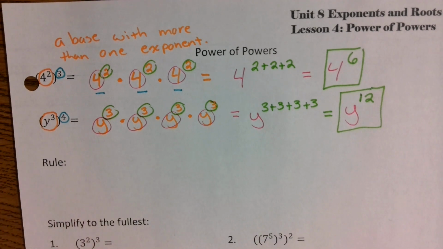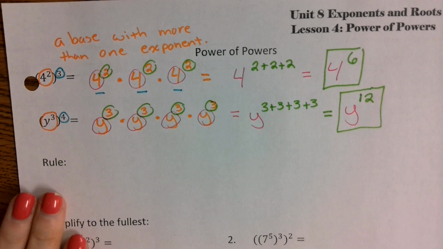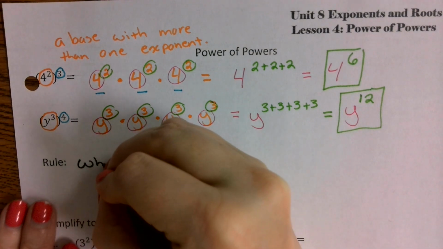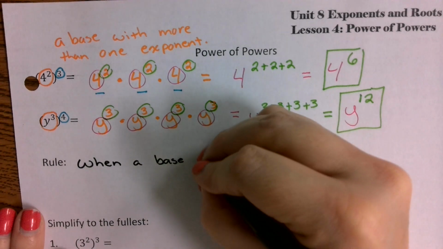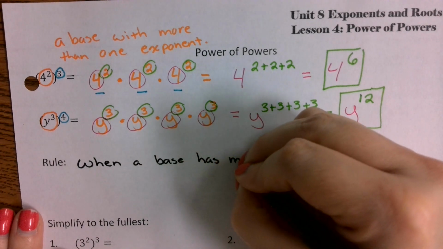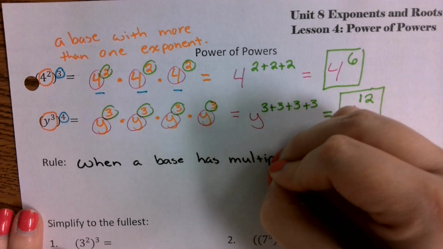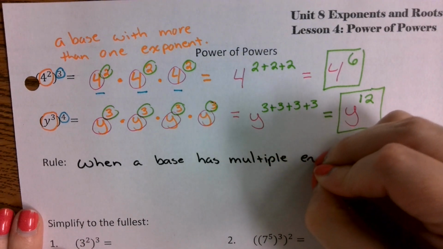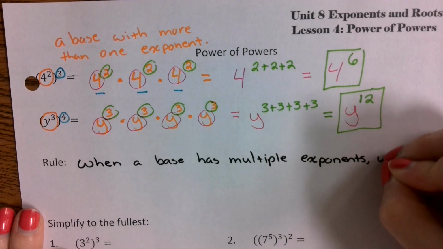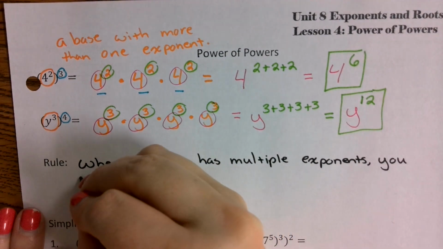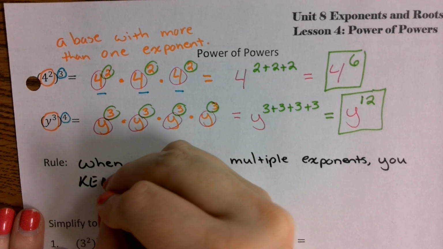So what we are doing is, when a base has multiple exponents, write this rule down, as always, we love to keep our base.